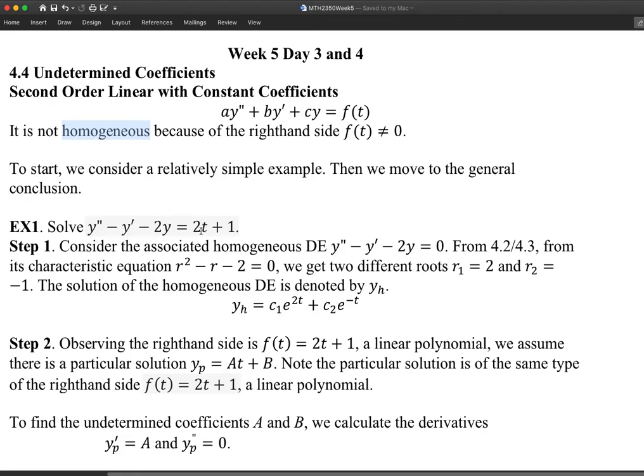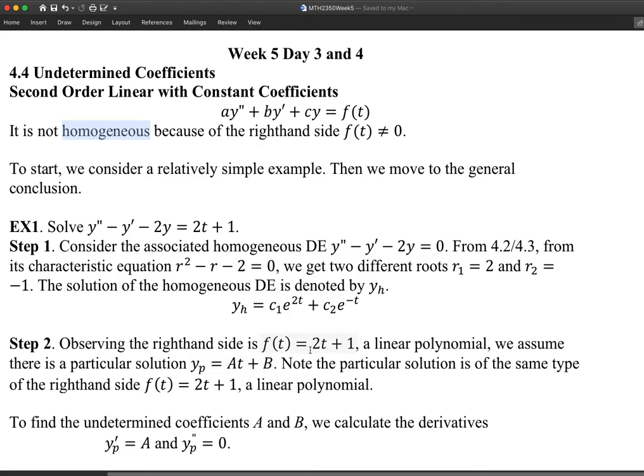So maybe we can assume there is an actual solution, and we call this actual solution a particular solution, denoted by y sub p. Maybe there is a particular solution because the y term, the second order derivative and the derivative all play roles here. I say it's a reasonable assumption that maybe there's an actual solution which is just a linear polynomial.